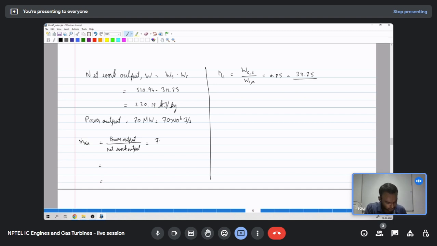This is 70 into 10 power 6 divided by 230.19 kilogram per second. Actually, we can substitute those units and then see finally what we get. It's kg per second. So we have 304.1 kilogram per second.